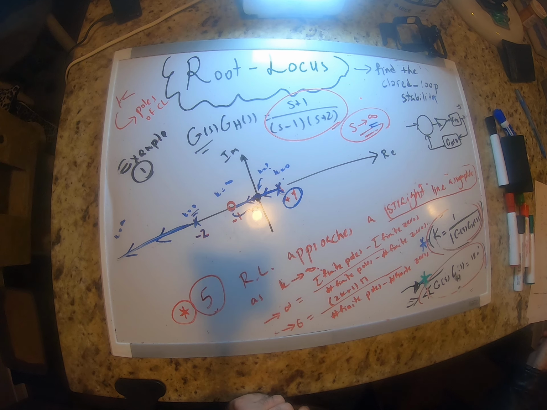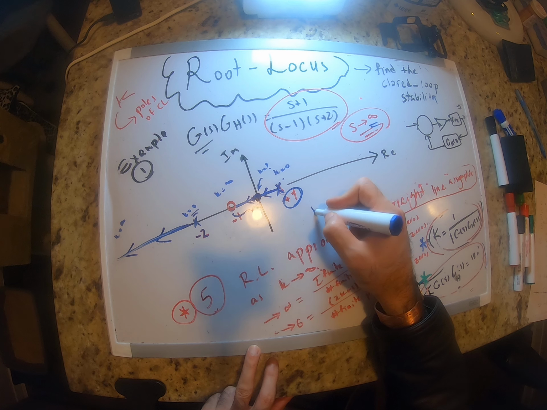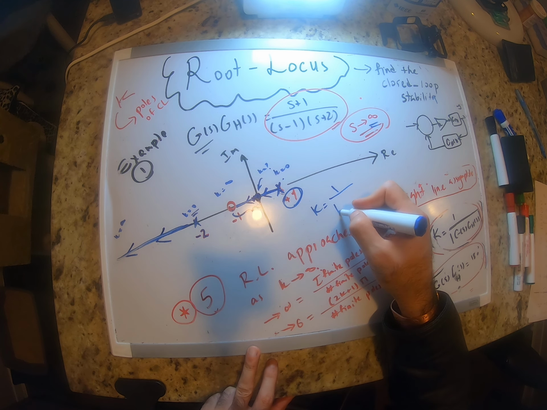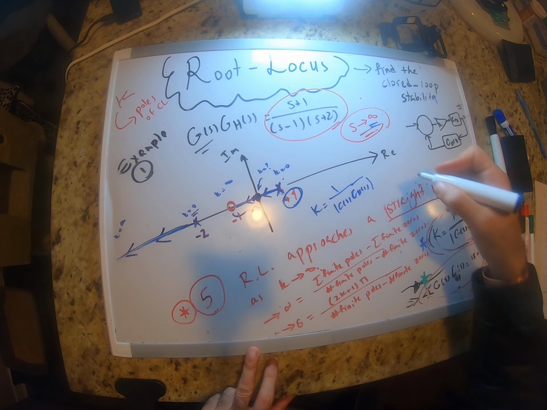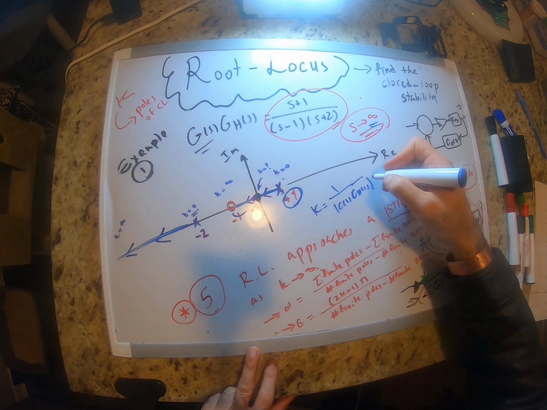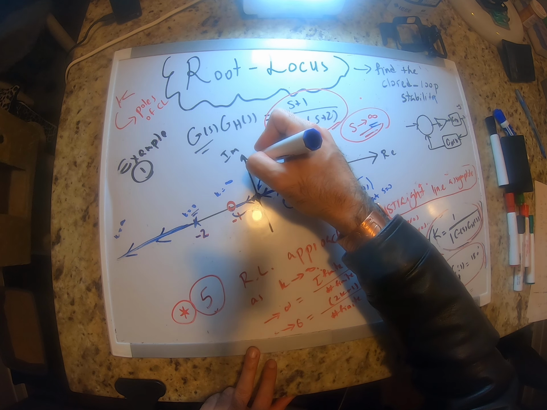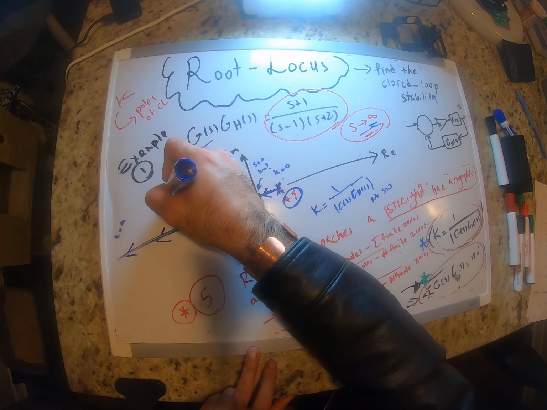So again, this one is not that difficult. We can just use this formula. K is gonna be 1 over G of s, GH of s, right? So for this system at s equal to 0, because at this point s is equal to 0, s is j omega, right?